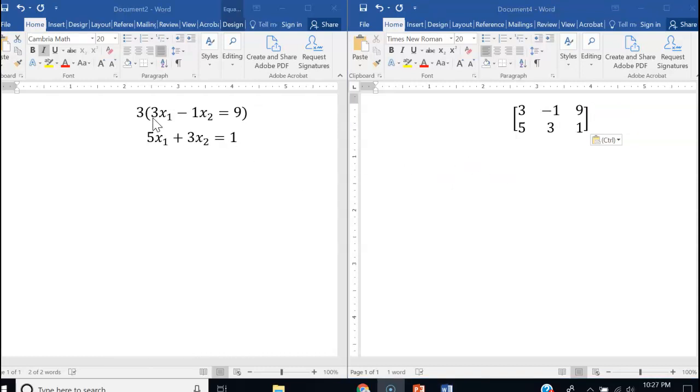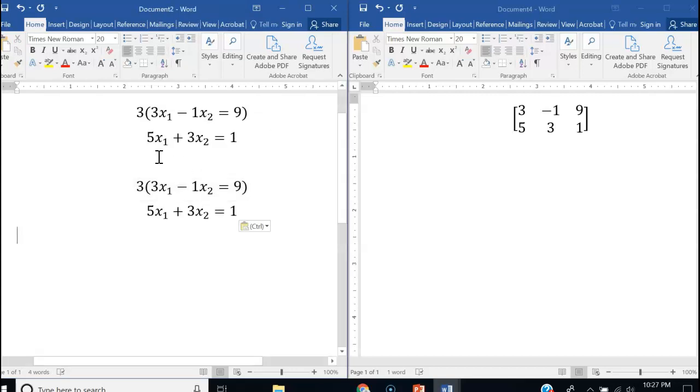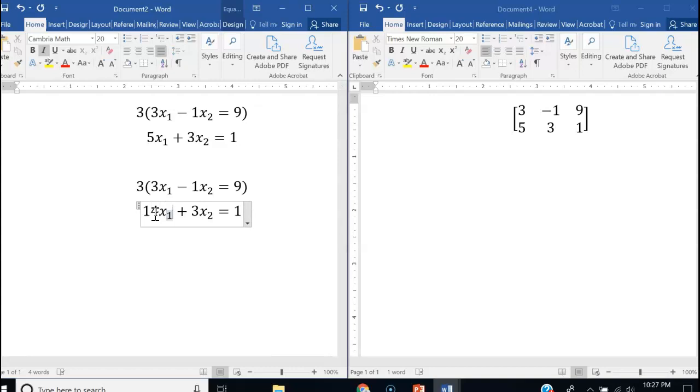So let's go ahead and do the linear system. Replacing the second equation, 3 times 3x1 is 9, plus 5 gives me 14. 3 times -1 plus 3x2 gives me 0. 3 times 9 plus 1 is 28.